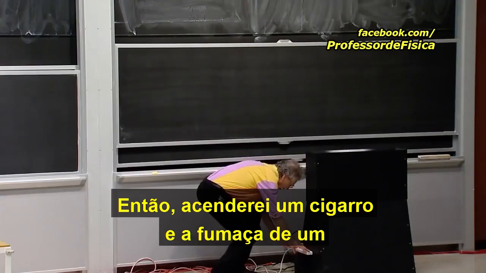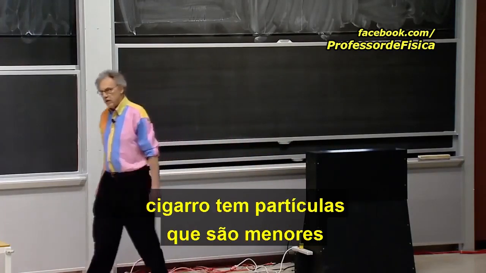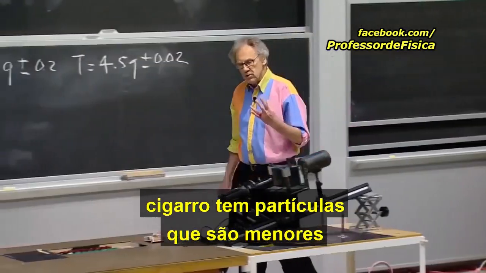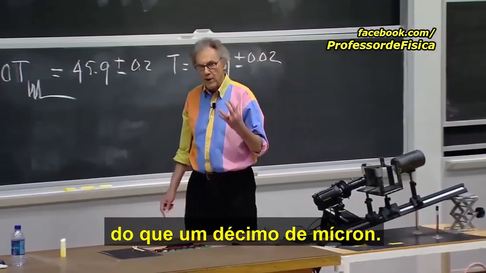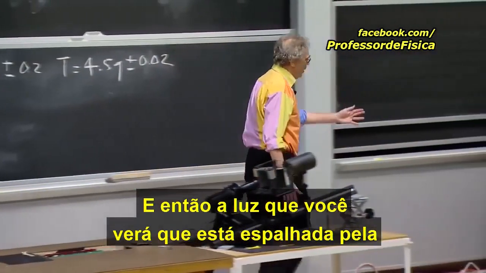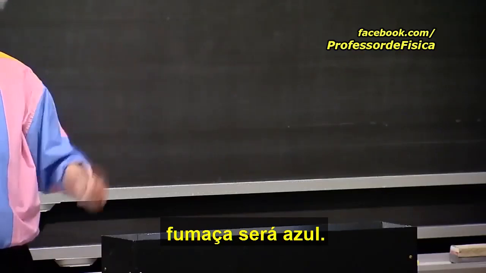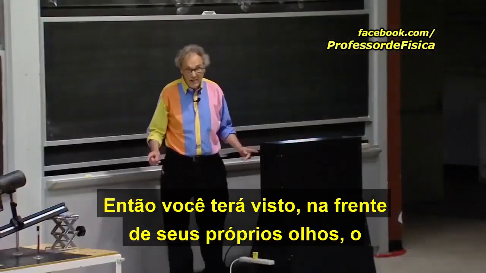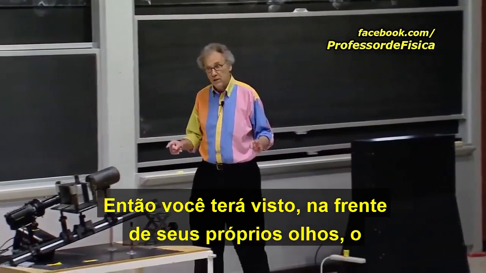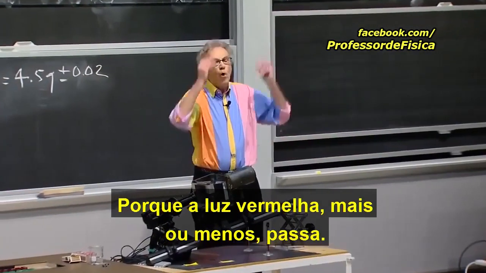Then I will light a cigarette, and the smoke of a cigarette has particles that are smaller than a tenth of a micron. And so the light that you will see that is scattered off the smoke will be blue. So you have seen in front of your own eyes Rayleigh scattering, because the red light more or less goes through.